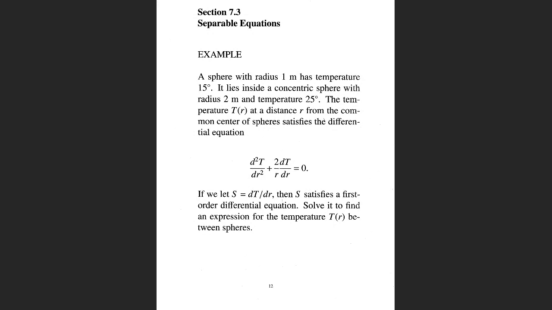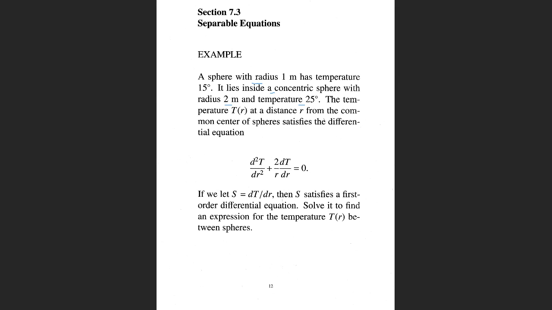So what I'm doing here is I'm making just a fresh recording of the example that we looked at yesterday in class. So you have this copied in your notes already, but remember we have a sphere with radius 1 meter that has temperature 15 degrees Celsius, and it lies in a concentric sphere with radius 2 meters and temperature 25 degrees.